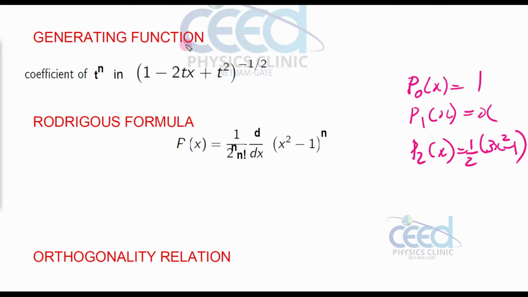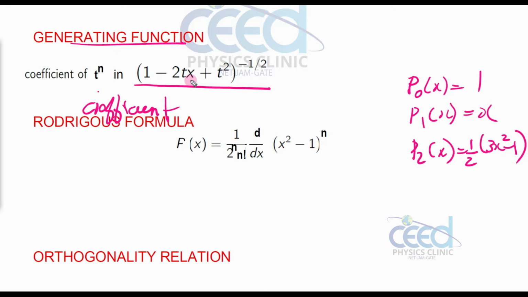In the Hermite differential equation and Legendre differential equation, there we have seen this generating function. Suppose you consider a function like this, and you expand it using the binomial theorem.